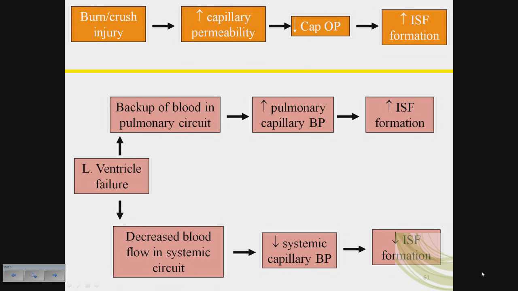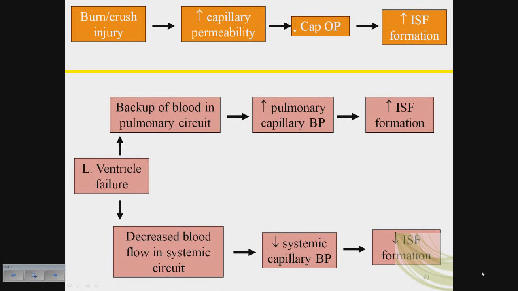Alright, in the last one here, I'm showing left ventricular failure. We recognize that if it's a left side problem, then we're going to see damming up of the blood in the vessels leading to the left side. That means we're going to see damming up of blood in the pulmonary circuit. So we're going to see an increase in capillary hydrostatic pressure in the pulmonary capillary bed, leading to pulmonary edema.